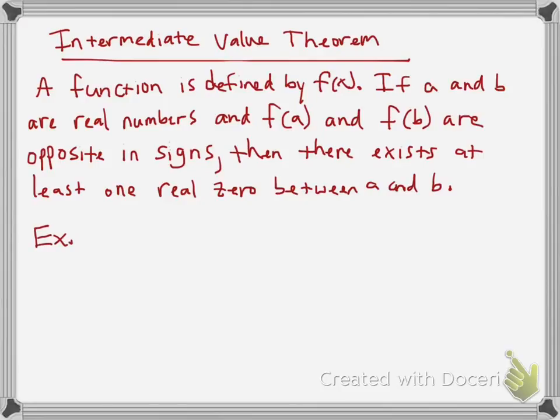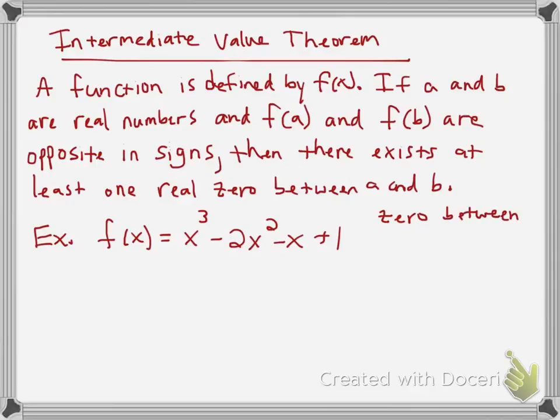All right, so an example, I'm going to put a function up here, f of x is equal to x cubed minus 2x squared minus x plus 1. And we want to show that there's a zero between x equals 2 and x equals 3.